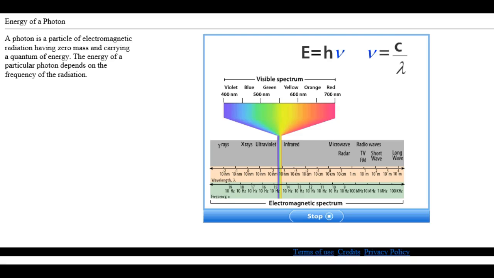The frequency of the photon is equal to the speed of light divided by the wavelength. This means that the energy of a photon is equal to Planck's constant times the speed of light divided by the wavelength of the photon. Blue light has a shorter wavelength than red light. From this relation, we can determine that blue light is more energetic than red light.